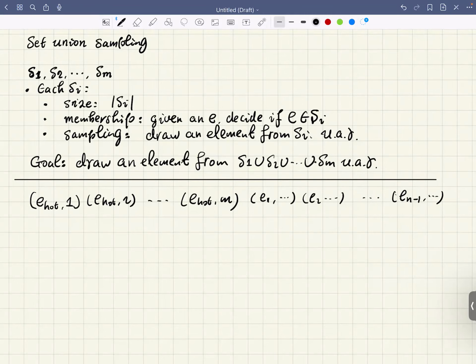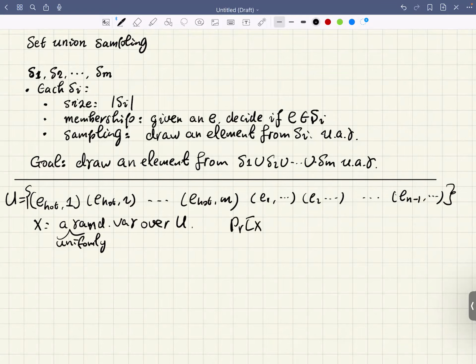Let's call this universe U. This U is a set. So X is a random variable, uniformly random over U. In this case, what is the probability for X to be E hot? You can see the probability is precisely M over the size of U.